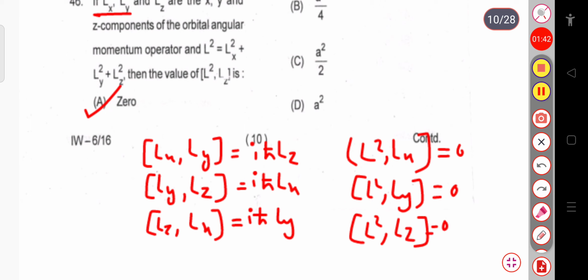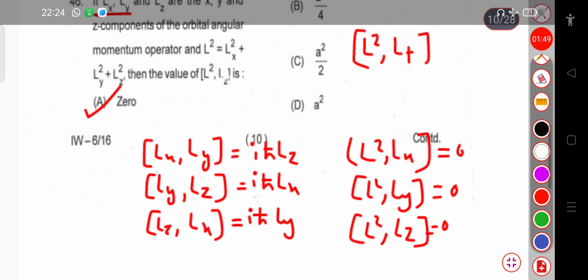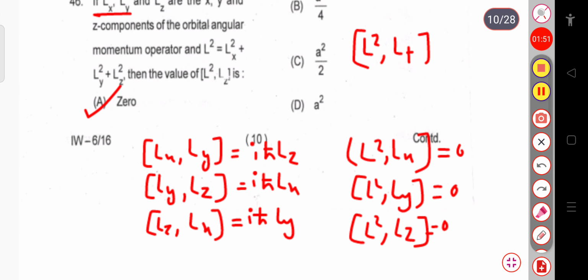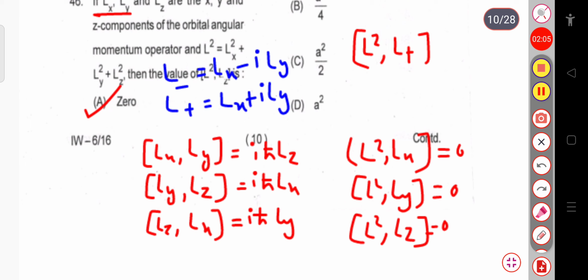And here you should know that L plus equals Lx plus i Ly, and L minus equals Lx minus i Ly. So the commutator of L square comma L plus has value equal to 0, and L square comma L minus is also 0.